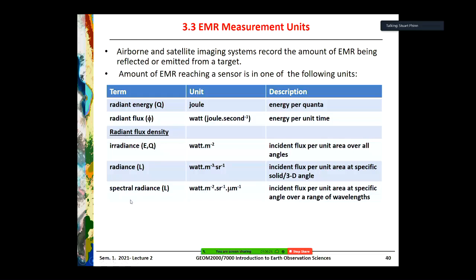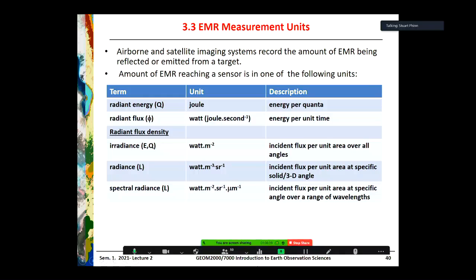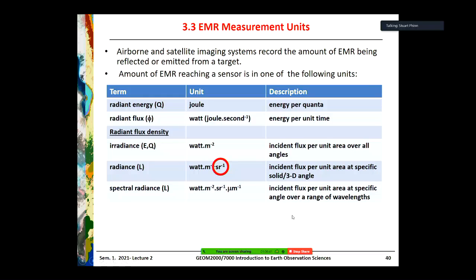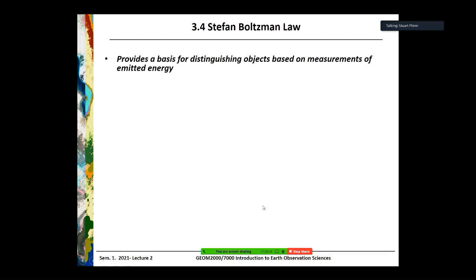And if you measure it per unit time, per unit area, per angle, per wavelength unit, it's spectral radiance. We introduce those here so you understand what they are, but we're not going to use them a lot, particularly because things get confusing with steradians. There are some more explanations of steradians in the notes if you want to look at them.